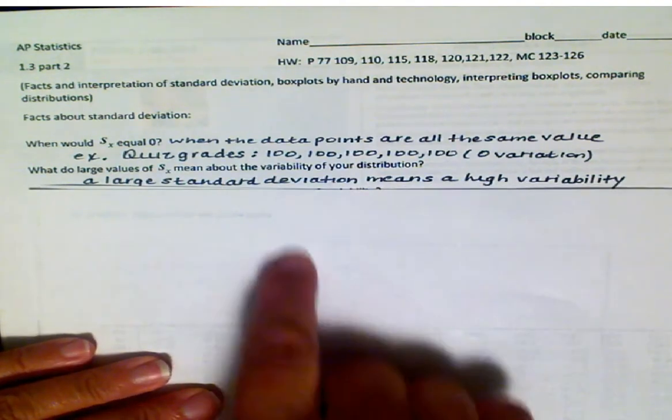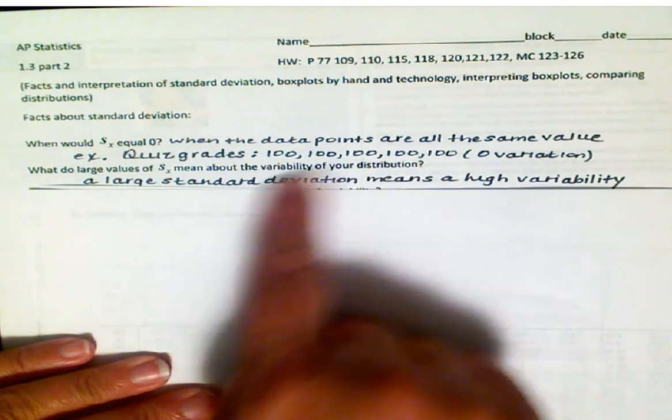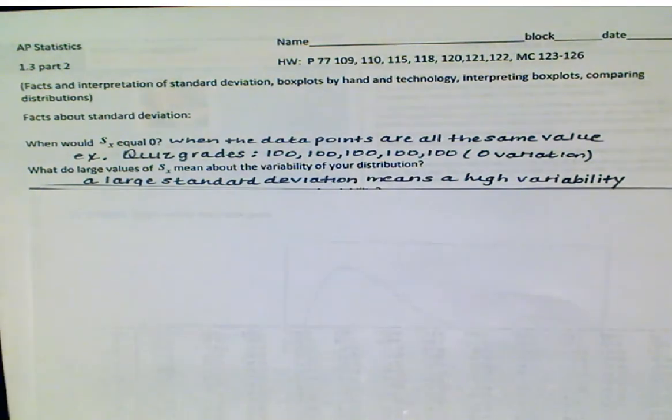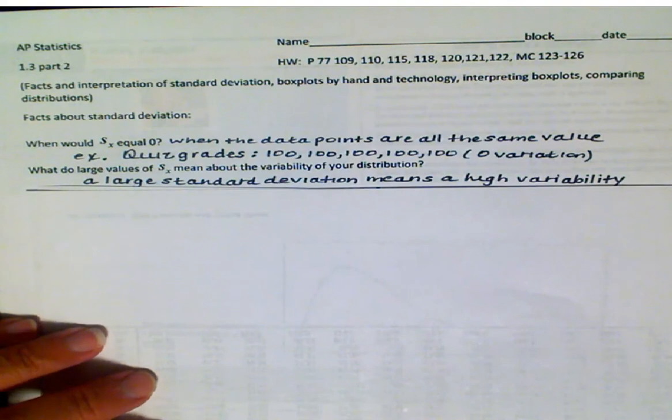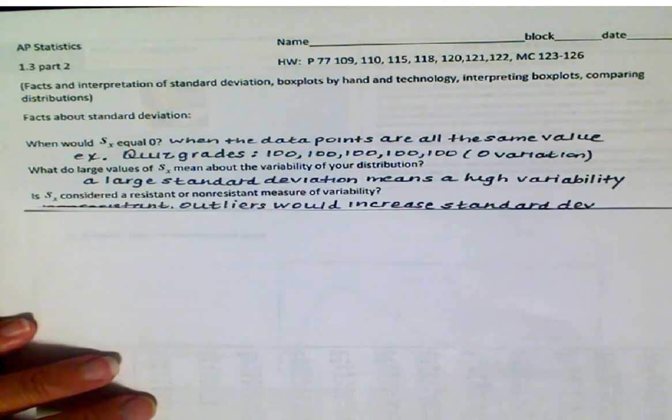So instead of having 100, 100, 100, all hundreds, you might have 25, 50, 75, 75, and then 100. So you would have a high variability in a case like that. A large standard deviation means high variability.